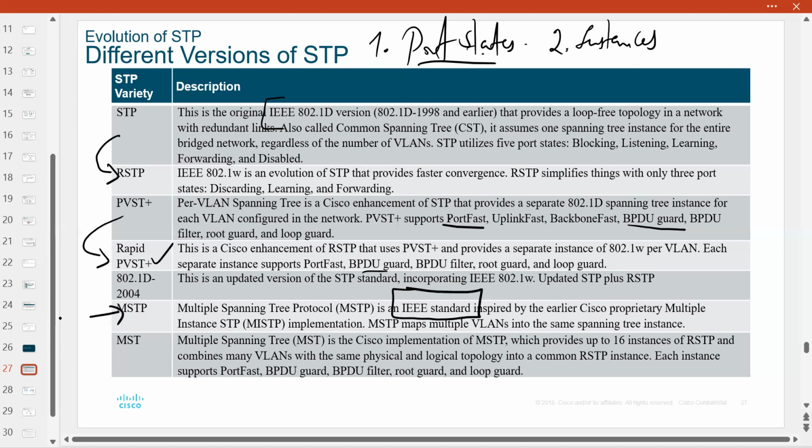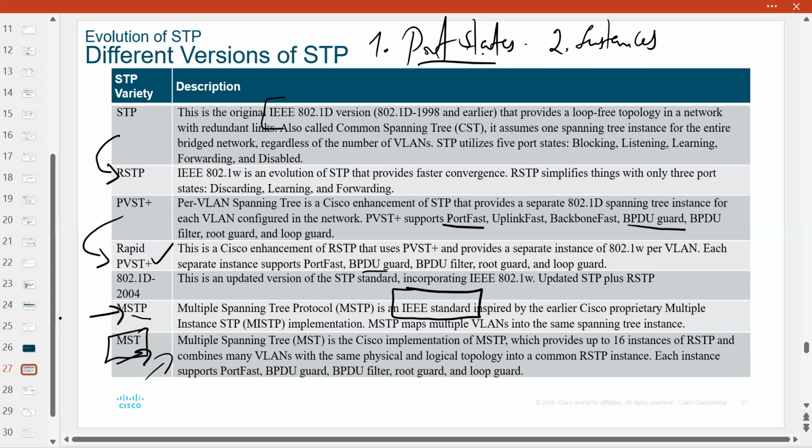You need to be able to separate them. I think you are going to be tested on this as this is a Cisco exam. You're going to be tested on knowing which things are Cisco's and which are common to everyone. So MST is a Cisco proprietary implementation, while MSTP is an IEEE standard, used by all vendors.